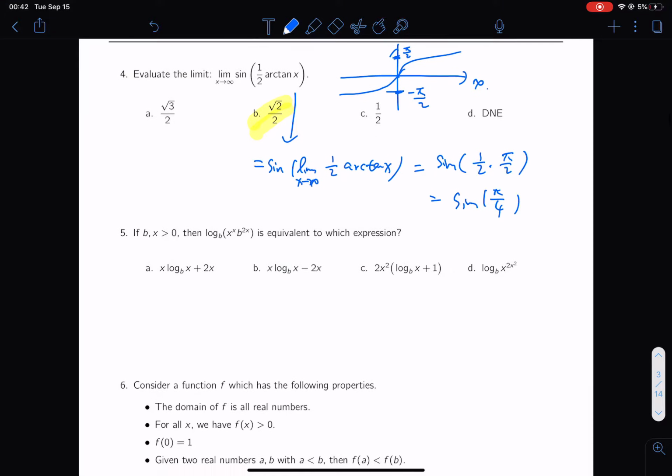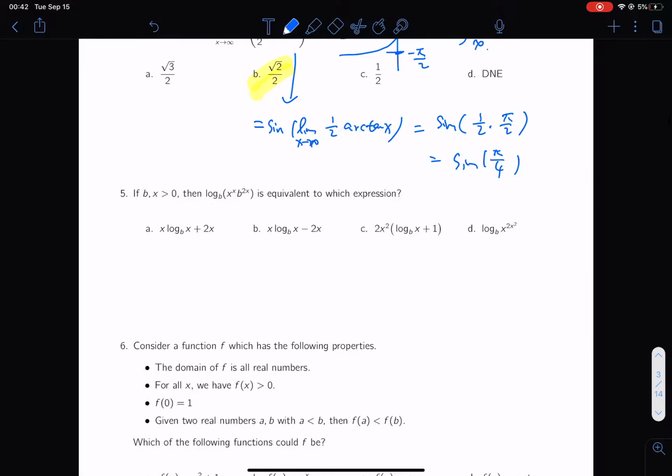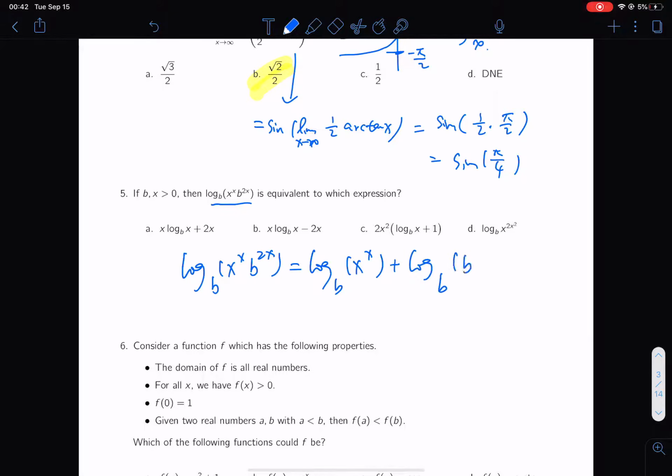And for the next one, this one is equivalent to which expression? So natural log base b of x to the x power times b to the 2x power. This one is equal to natural log base b of x to the x power plus natural log base b of b to the 2x power.